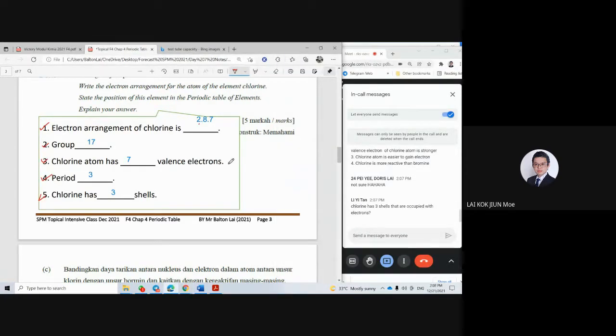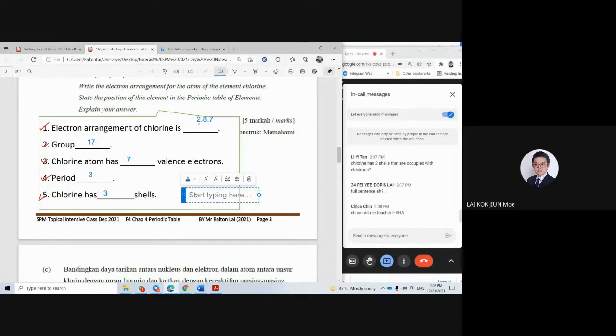Is it the best answer? Lee says chlorine has 3 shells that are occupied with electrons. Very good, Lee, good observer, well done. So chlorine has 3 shells.